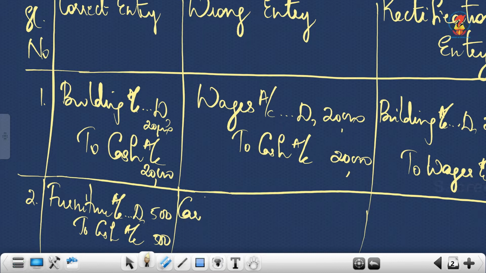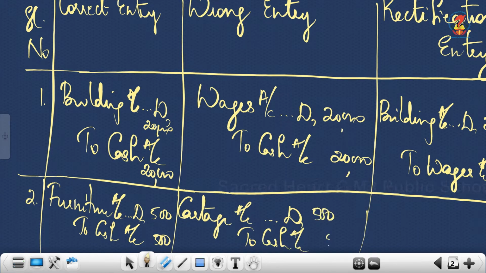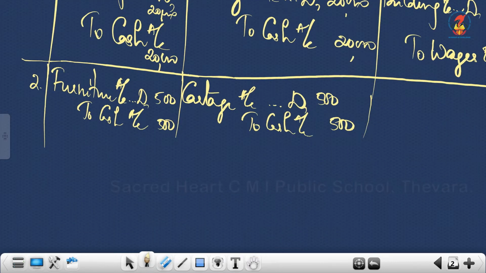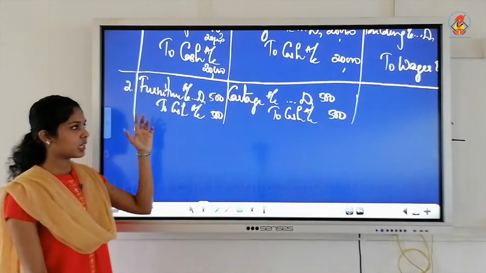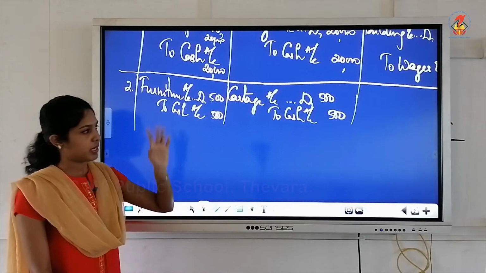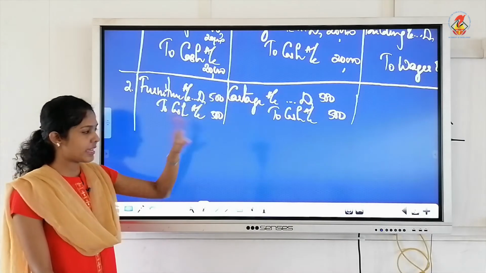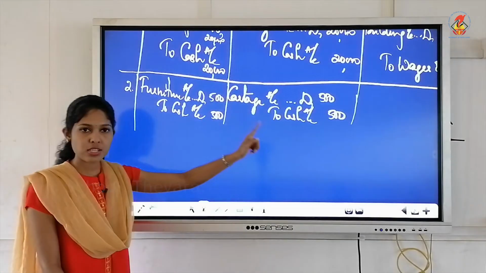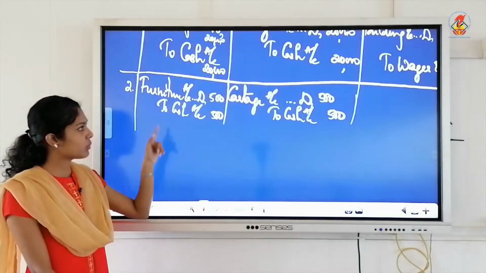But instead of that, we would have written cartage account debtor to cash account. Now you can write the rectification entry yourself. It has become familiar to you now. The rectification entry will be furniture account debtor, because we haven't debited it yet. So we will debit furniture, then cash, there is no mistake, so nothing to be done with cash.